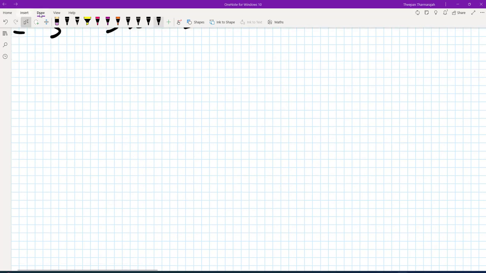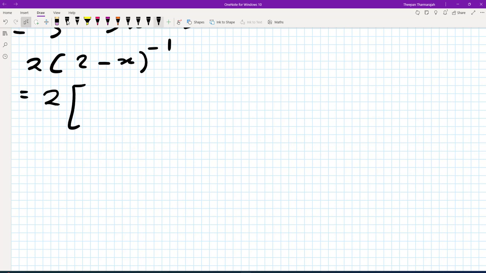Now, the next case is we're going to do the expansion of 2 times 2 minus x raised to the power of minus 1. We've done this before in a previous video. That must be 1, so it's going to be 2 times 1 minus x over 2, all raised to the power of minus 1.